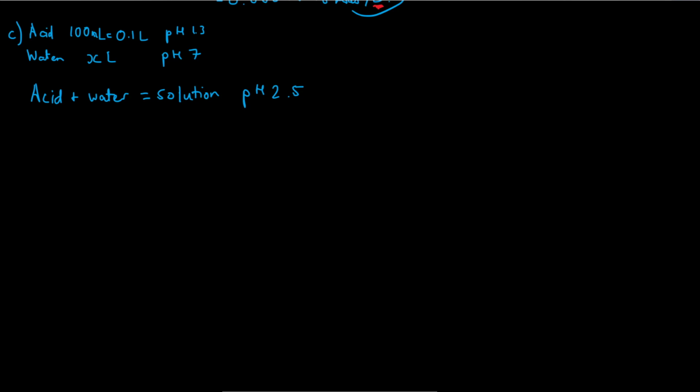Now if you've been paying attention, you'll realize that this pH level directly relates to the power for the hydronium ions. So the concentration of hydronium ions for this acid would be 10 to the negative 1.3 moles per liter. And we can do the same for this pH of 7. We've done that calculation in question A.